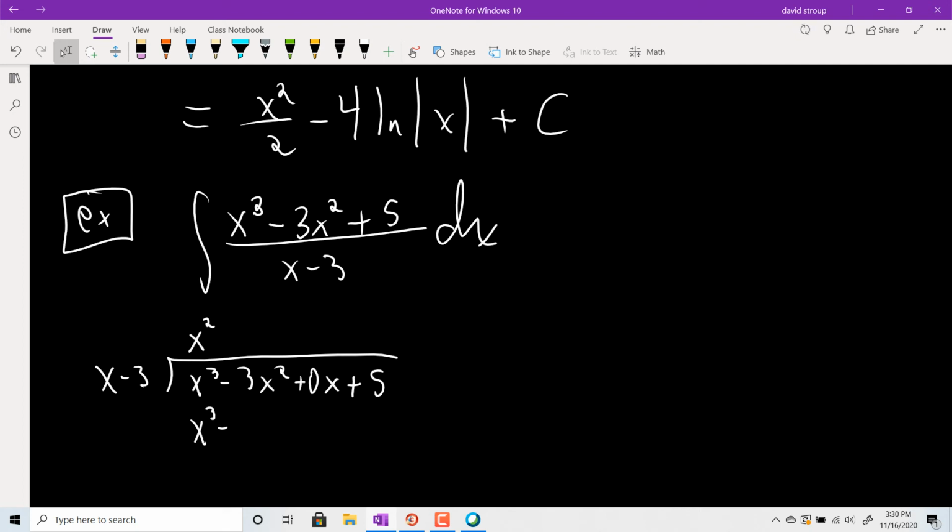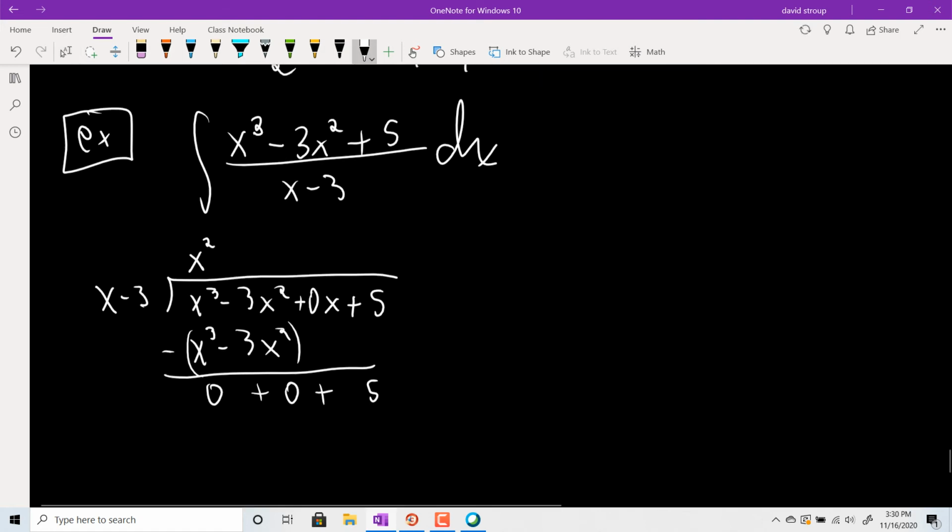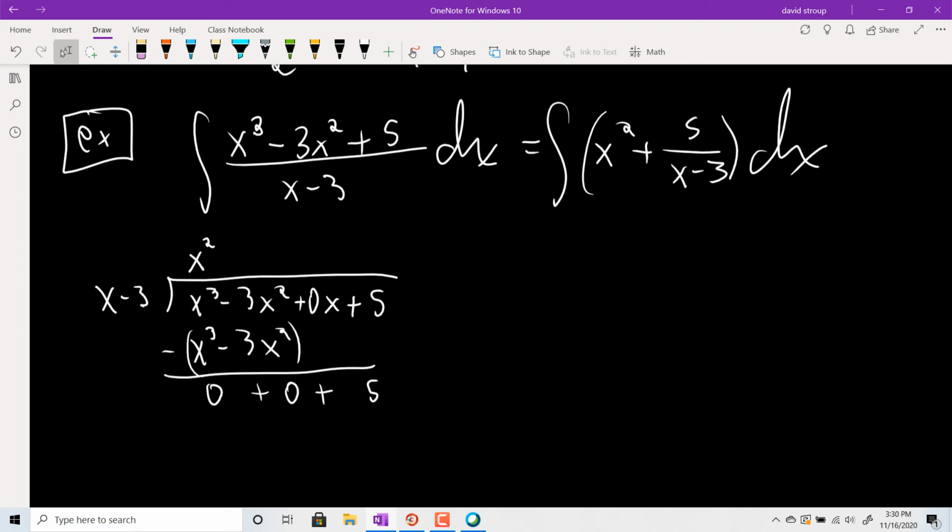So you get x cubed minus 3x squared. And subtract these. You get 0. And then you can bring down the next term, which is just 0. And then 5. It's just remainder 5. And that's it. So you'll have the integral of x squared plus 5 all over x minus 3 dx. And we can integrate that, no problem.